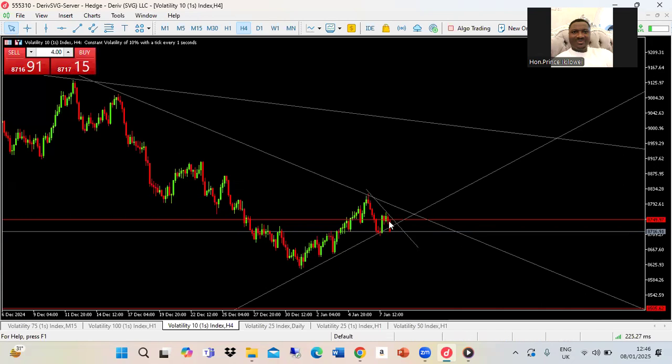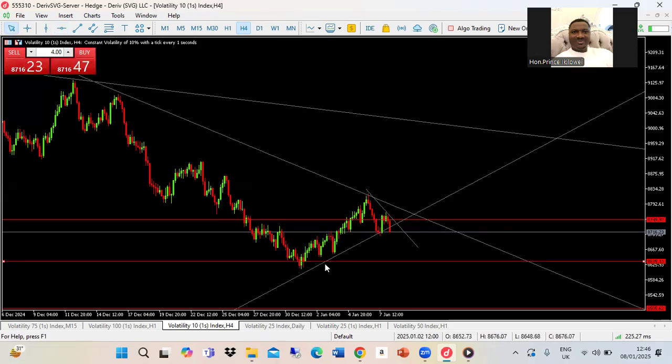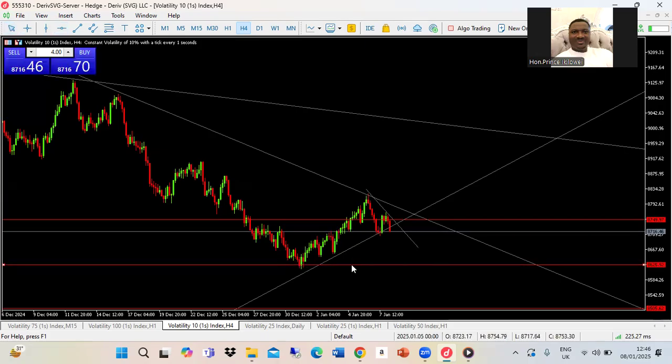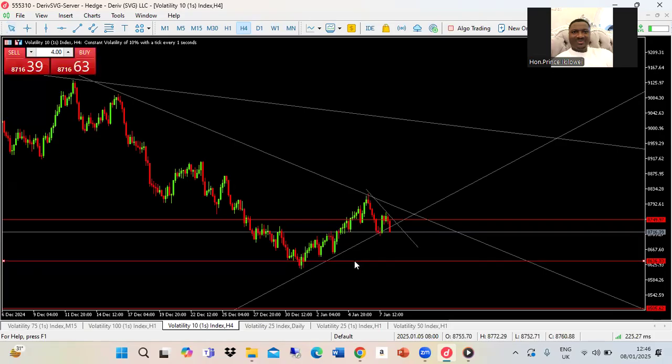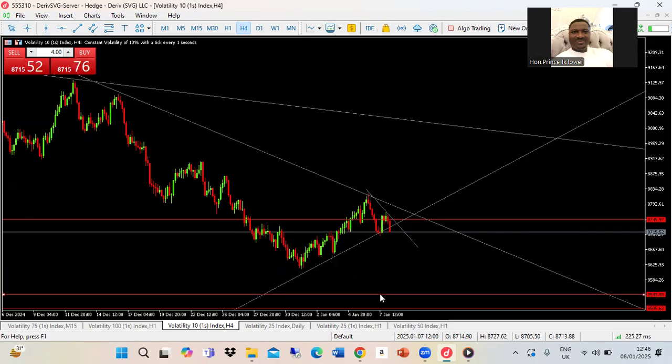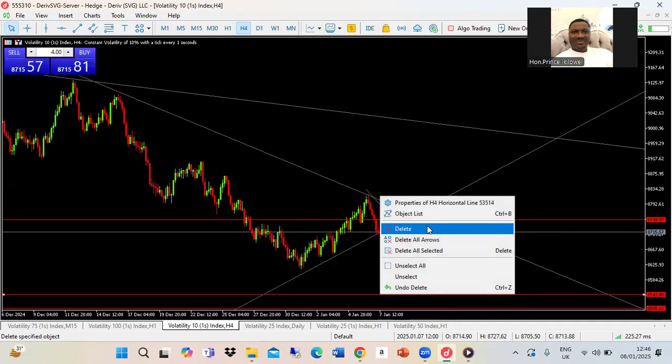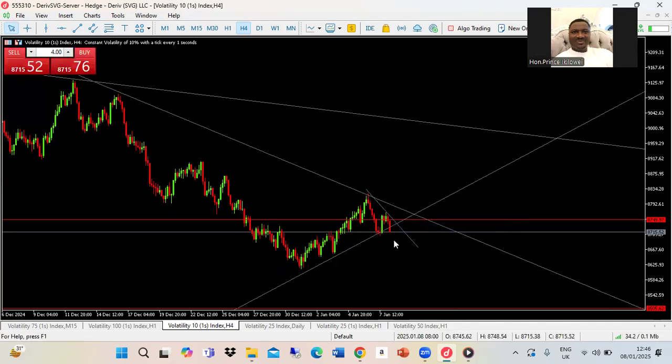So if you are taking this trade now, our take profit would have been maybe the first one. If we want to be conservative, we can take it here. Then the next one would have been maybe this level. That's our take profit. But as it stands, it has broken the trend line.